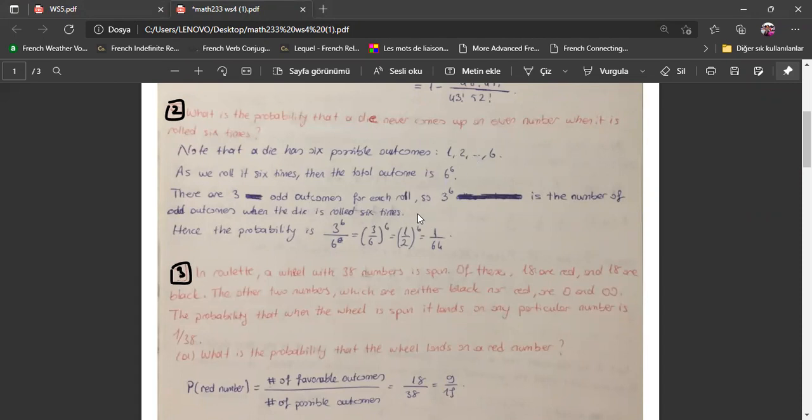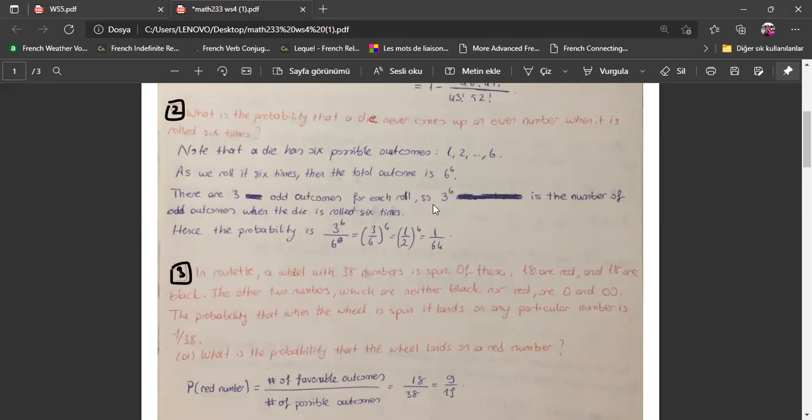With 3 odd numbers, when we roll that die 6 times, we will have 3 to the 6 possible outcomes. In each roll, we will have either 1, 3, or 5, so in each roll we have 3 possible outcomes.